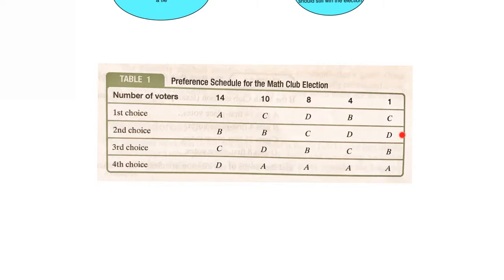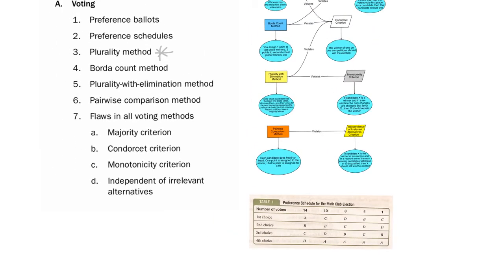So C got 11 first place votes. Looks like D got 8 first place votes, and it looks like B got 4 first place votes. So clearly in this case, A would be the winner because A got the most first place votes. So that right there is the plurality method for deciding who would be the winner.